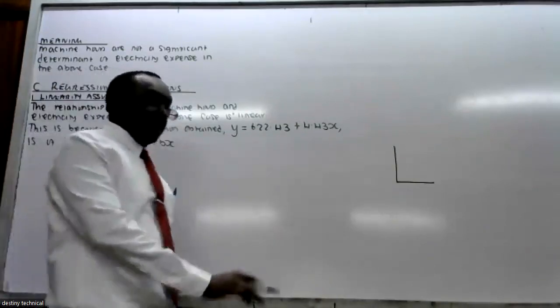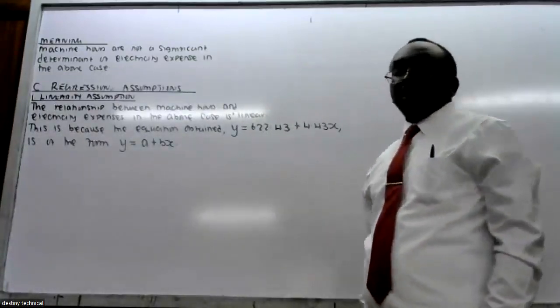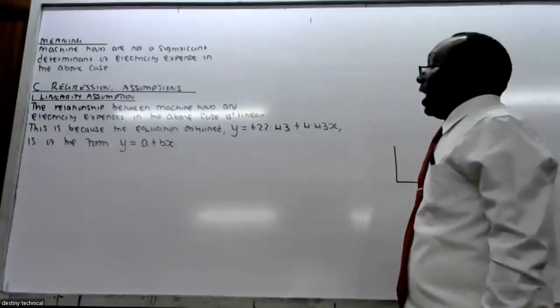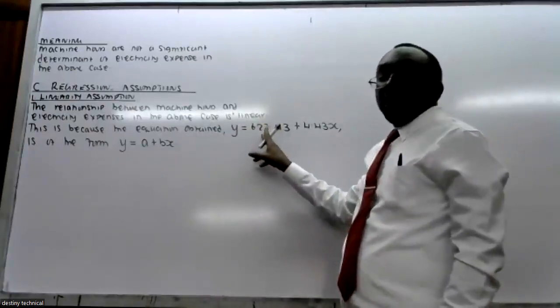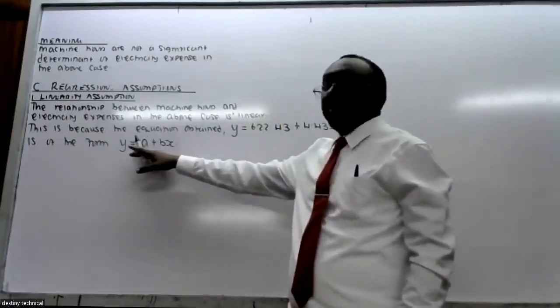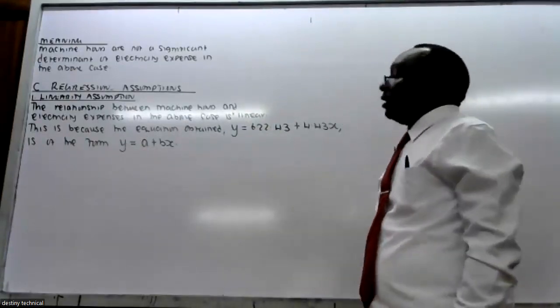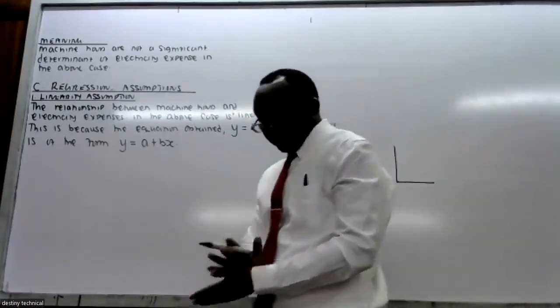That's how you make the comment. You tell us whether it is linear or not, and if yes, even if no, you should tell us why. So this one is linear because what we got resembles this general format. And this is the general format of a linear function. So that one is as simple as that.